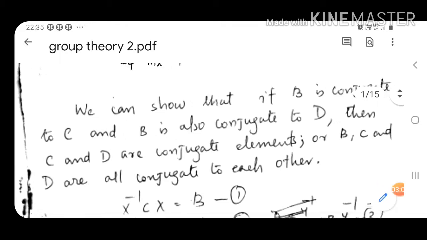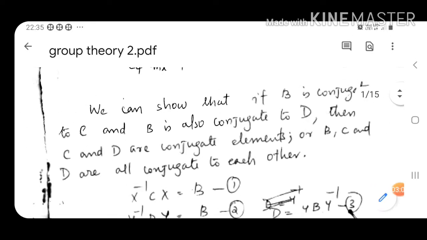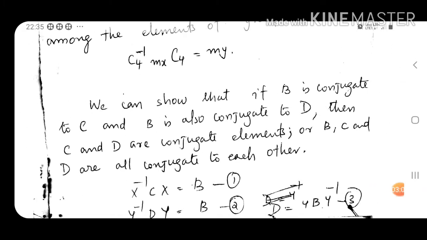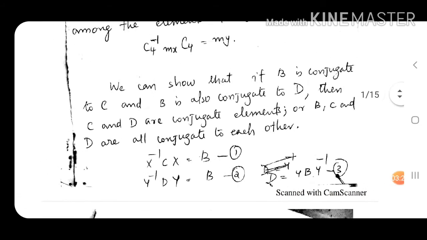Now we can show that if B is conjugate to C and B is also conjugate to D, then C and D are conjugate elements, or B, C and D are conjugate to each other.